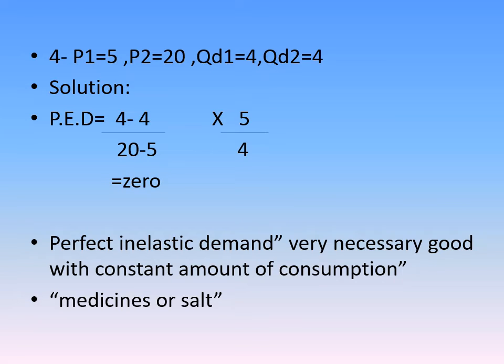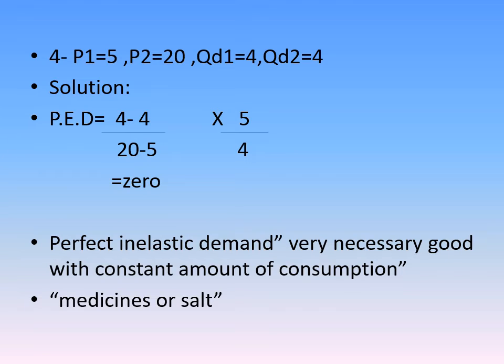Here we have P1 equals 5, P2 equals 20. So the first action, the price was 5. And then we have a change, P2 equals 20. QD1 equals 4, QD2, look, it's the same. QD does not change, so it's 4.